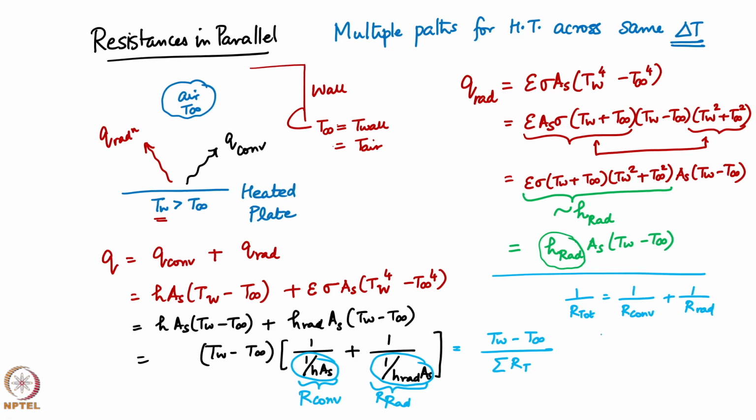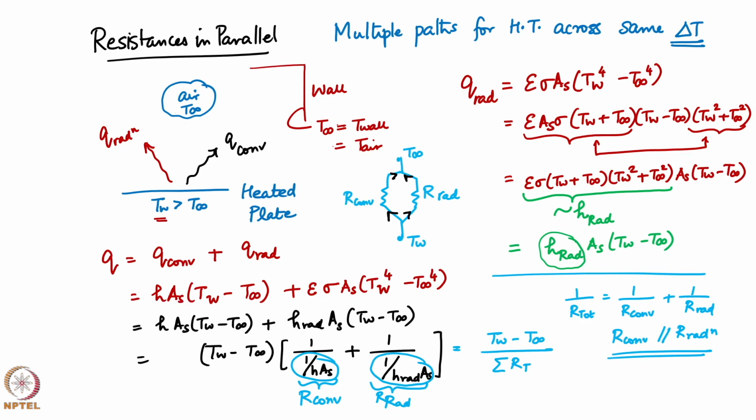This is written when you have R convection parallel to R radiation, right, you know, in your electrical circuit. So, I have like this, this is your wall, T wall, this is my T infinity, this is my R radiation, this is my R convection, two paths for the heat to flow, and finally you get the algebraic sum of these two heat transfers.